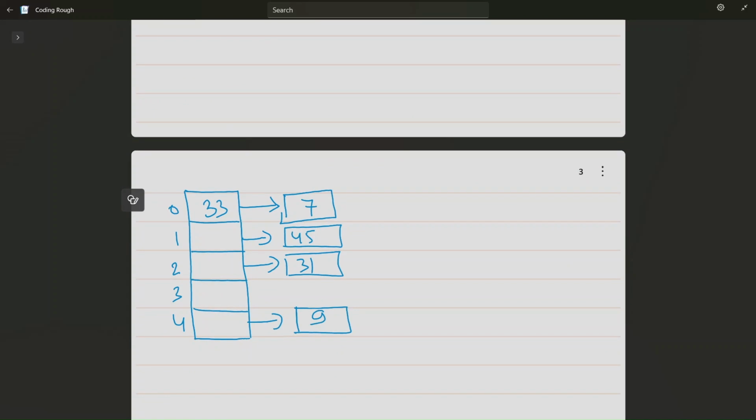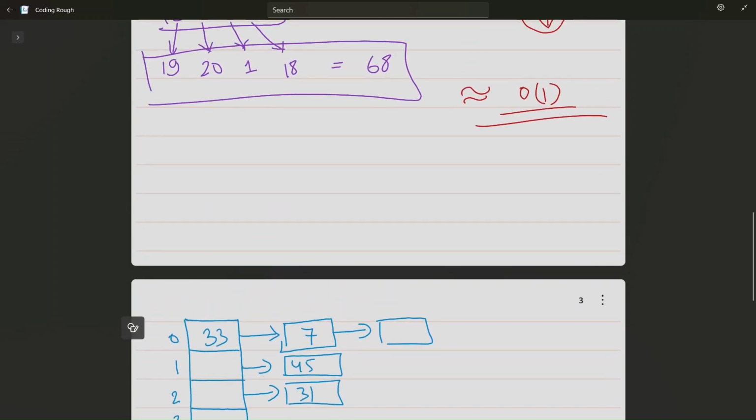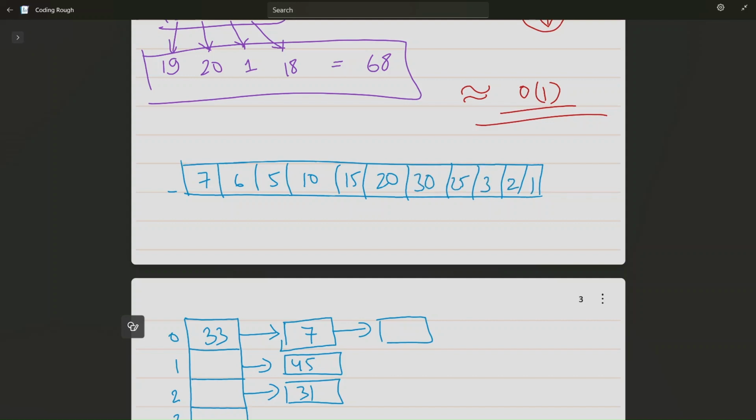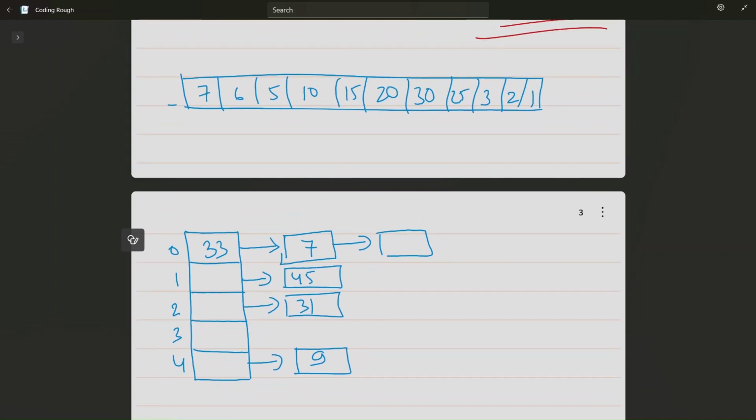Let us suppose we have a very large set of integers: 7, 6, 5, 10, 15, 20, 30, 25, 3, 2, 1. Let's do a mapping for that. Our n is 5 right now, so we will do the modulus operation with 5.